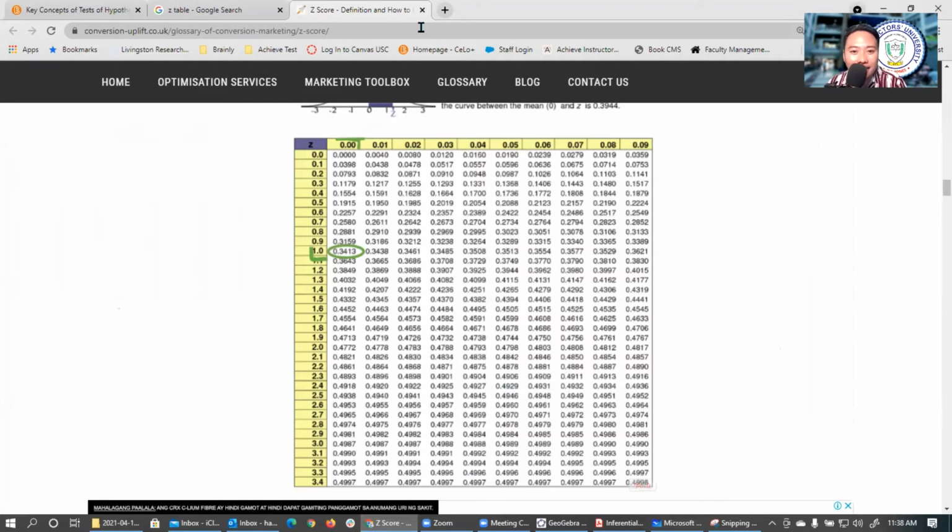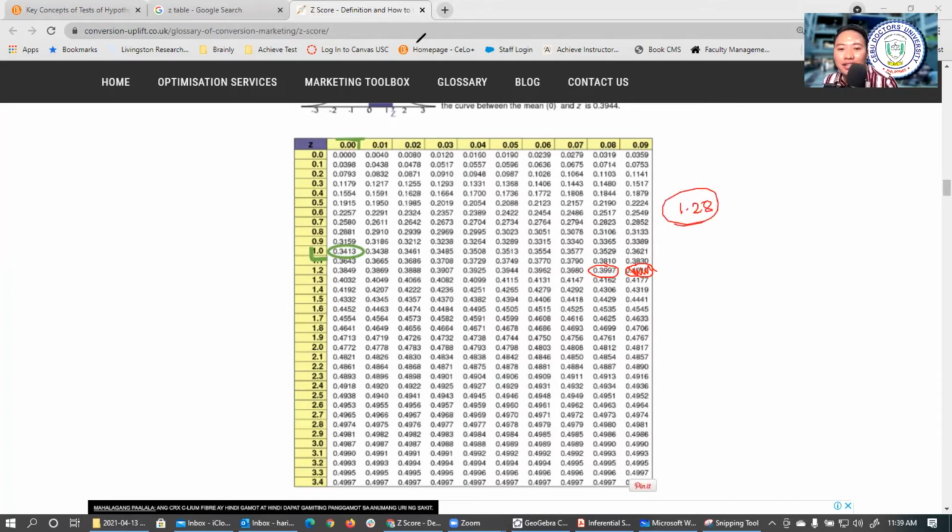Here is 0.3997 and here is 0.4015. The distance of 0.4015 is 15, but for 0.3997 the distance is only 3. So I will be using 0.3997. The corresponding z-score is 1.28.